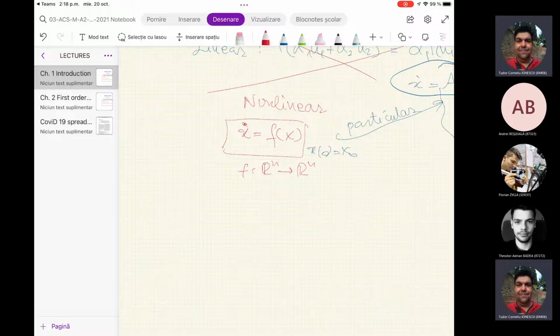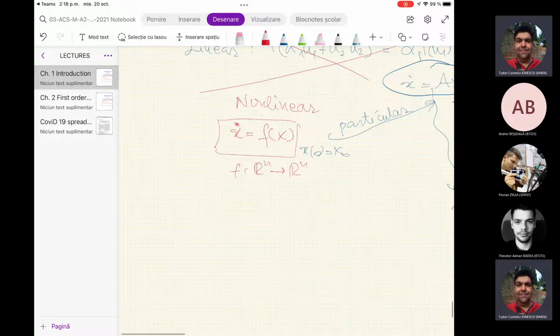Well, here things are different. What is the solution? The first question. And once you understand what the solution is, and all the math and the whole tools behind it, and numerical integration, like you saw, and you'll have an exercise about it and so on, then you ask yourself about stability.